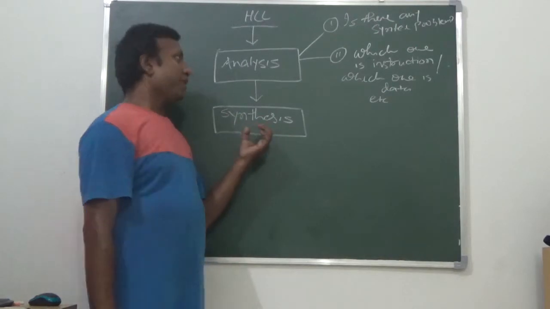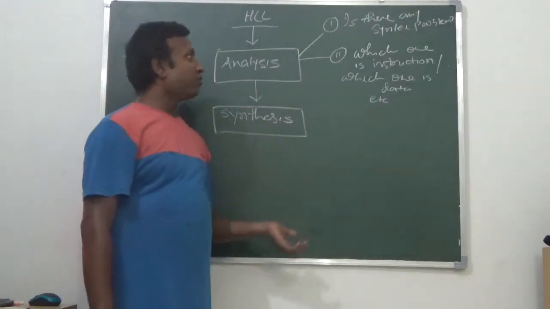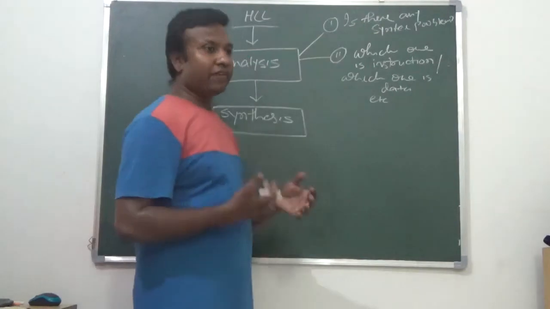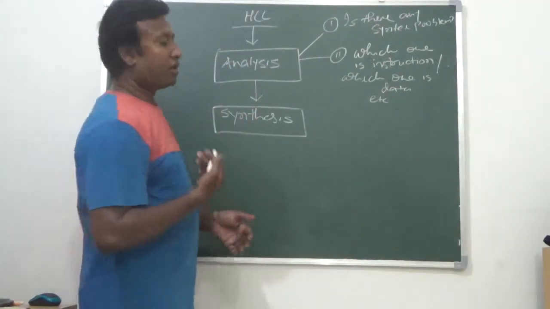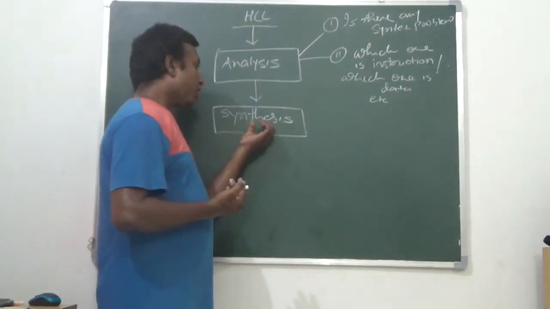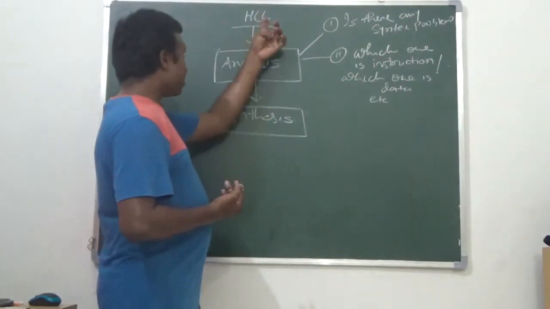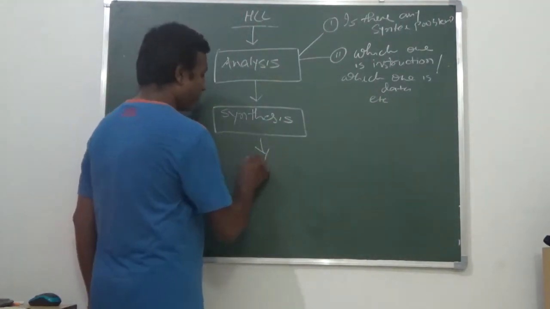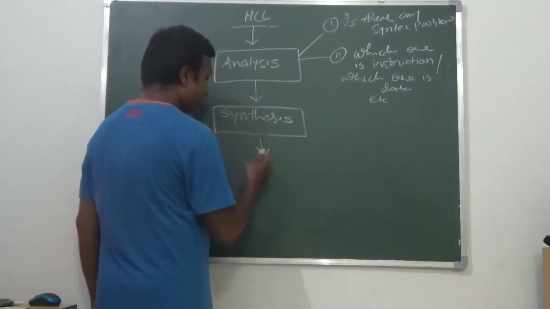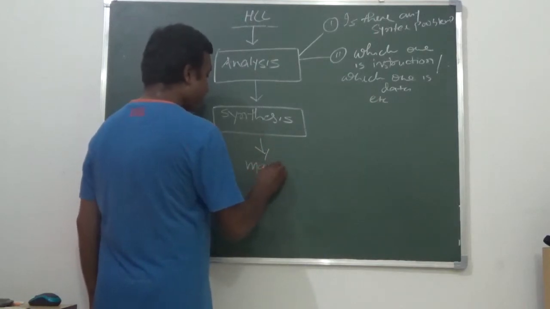Now, when everything is perfect, meaning there is no syntactical problem and we have identified a lot of things, then we synthesize the language, converting it into the machine level form or some other form.